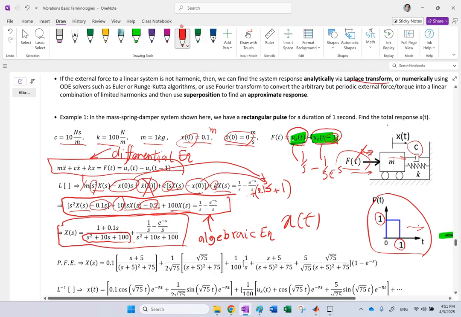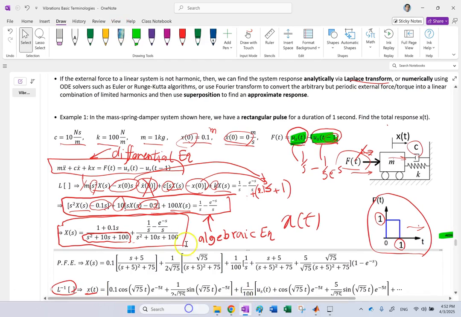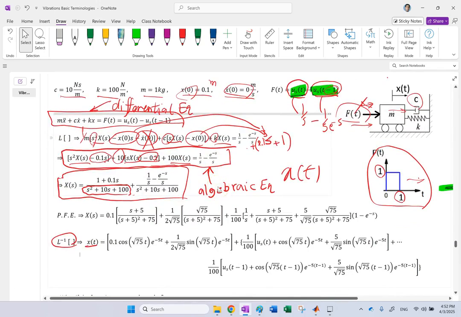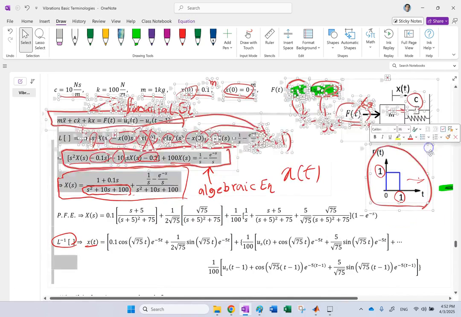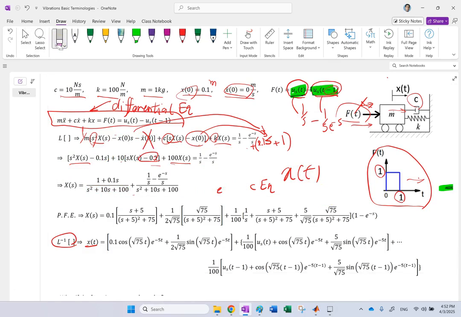Now that you got x of s, you can apply Laplace inverse and get what? X of t. Now, applying Laplace inverse here needs some extra work. It's not as simple. You might say, well, can I just go and look at the tables of Laplace transform and then find some function, the Laplace of which is this big guy here?